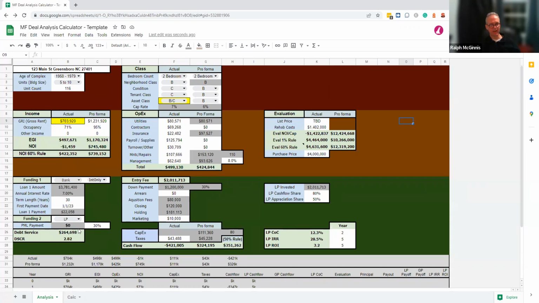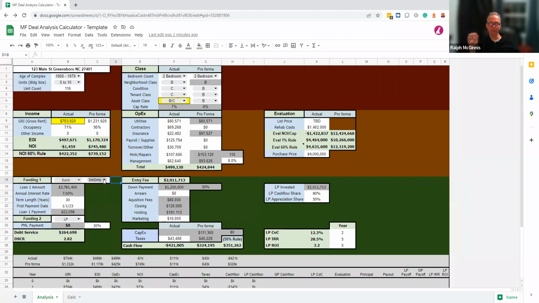So here's the financing side. And then over here, we also have interest only versus amortized. So that's why the 30 didn't work, because it's on interest only right now. So if you do an interest only loan, you're only paying for the interest. You're not paying down the principal of that loan. And that's a good way to keep your actual payment lower, which improves your cash on cash return.